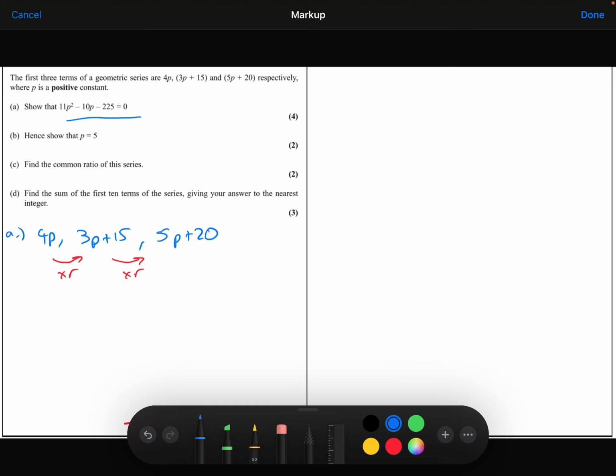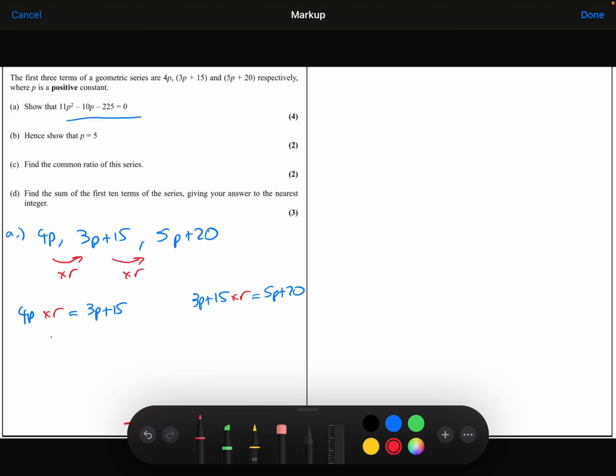So I can say that 4p multiplied by r is equal to 3p plus 15. I can also say that 3p plus 15 multiplied by r is equal to 5p plus 20.